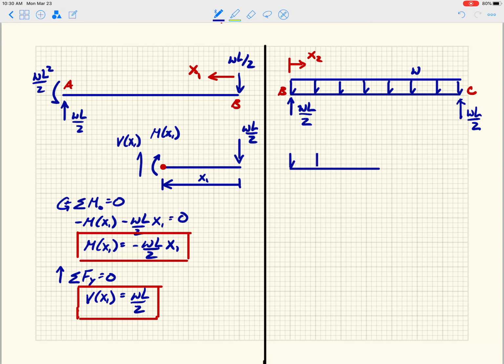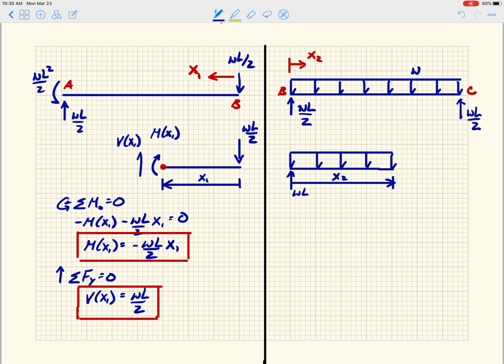So I'm making my cut. And again, you could just as easily define this from left to right if you want. You go ahead and do it, and you should get exactly the same results. If you don't, then we've got to talk, because it shouldn't matter. All right, so this guy is my x2.